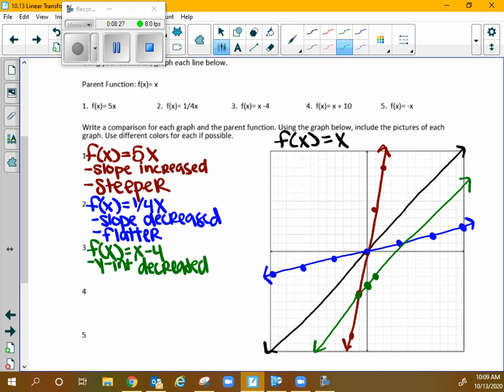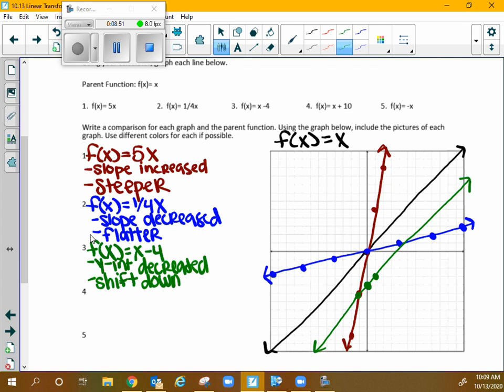It shifted down 4 units. Which makes sense, right? If you're just changing the y-intercept but not the slope, the line itself is just shifting, but the slope itself is staying the same.